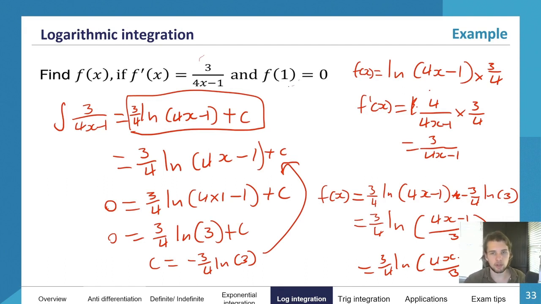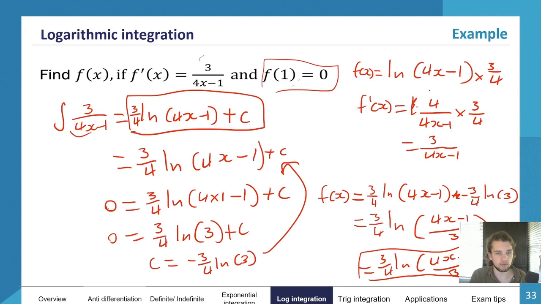But by substituting in the values, since there's only one c, we can find that there's one possible value of c for which f(1) is equal to 0. That allowed us to find an actual single f(x) for which this is the integral, for which this is the differentiated value, and for which the line goes through this point.